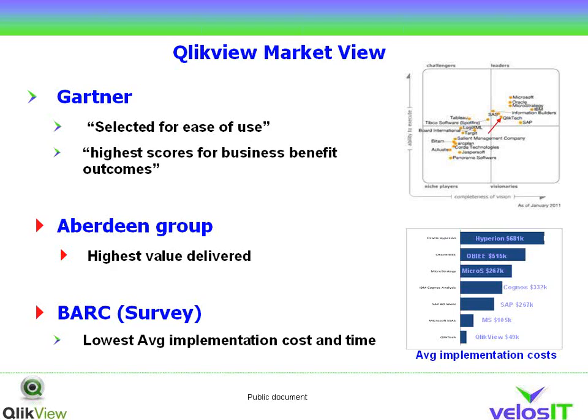It references QlikTech, which is the company, QlikView being the tool. They show it as the fastest moving BI tool up into the right-hand corner of the Magic Quadrant. All of these surveys highlight that QlikView is one of the easiest to implement in the marketplace. It also emphasizes the speed of delivery of the application.